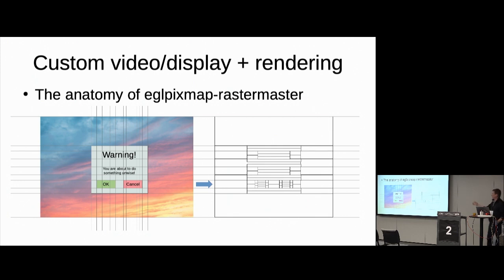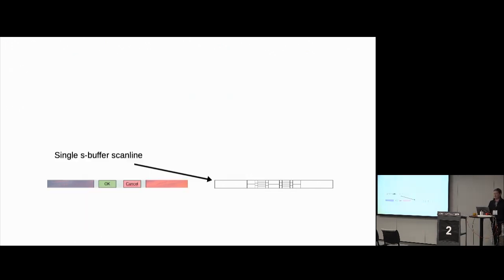So this would be a geometric example of how you would represent that graphics as a sequence of individual blocks or segments of metadata that you could then do further processing on. One scan line like this represents that block of graphics that you're seeing there, more or less.